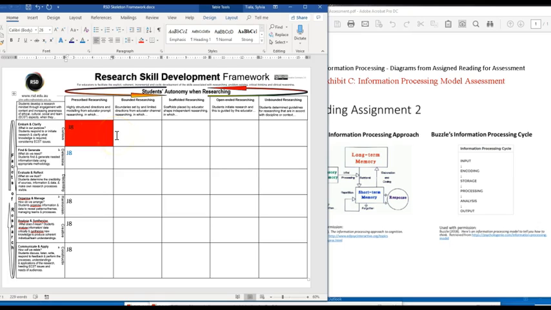So I'm going to put in IPM for Information Processing Model assignment, and that's going to be level 1 at Embark and Clarify. And when I go down to Analyze and Synthesize, I'll also indicate that the information processing model goes there.